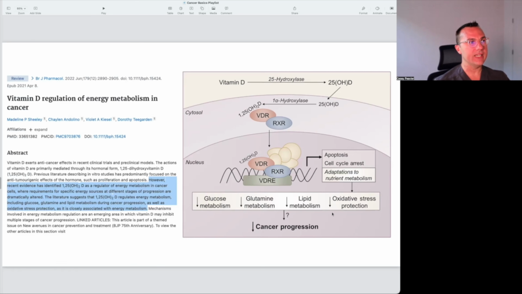They will upregulate endogenous antioxidant systems. So when vitamin D is having a decreased oxidative stress protection in these cancer cells, that is particular because in normal cells, it would have an opposite effect. Within cancer cells, it actually strips the cancer cell of protection from oxidative stress.